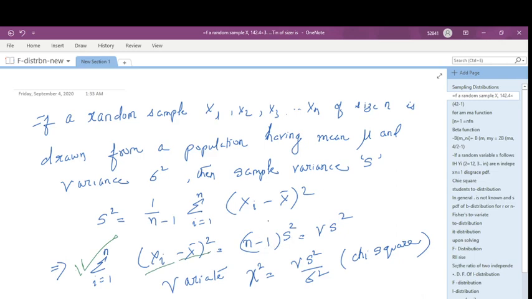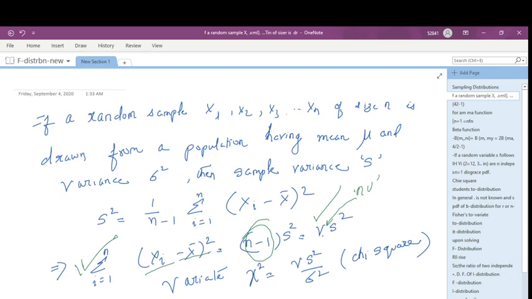N minus 1, this particular part, is the degree of freedom, which is represented as nu. It is not v, it is nu, pronounced as nu. So nu s squared. So what we are saying is the summation of the squares of the deviations of the sample variable is equal to the variance of the sample multiplied by the degree of freedom.